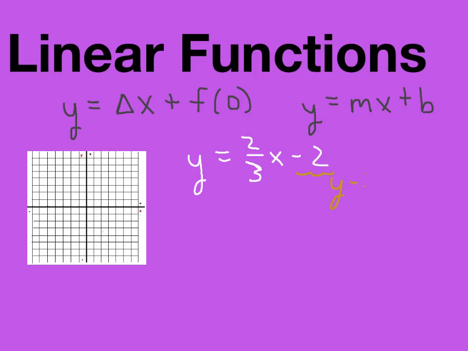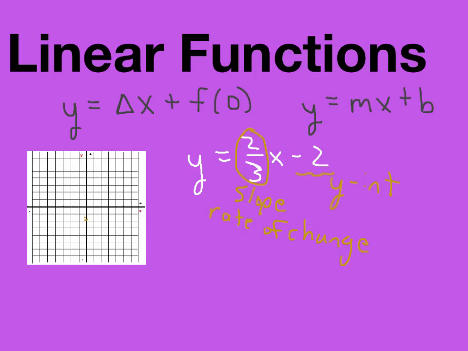is our y-intercept. So starting down here at -2, and remembering that this piece right here represents your slope, or what we need to remember is also called rate of change. That's important for this unit.